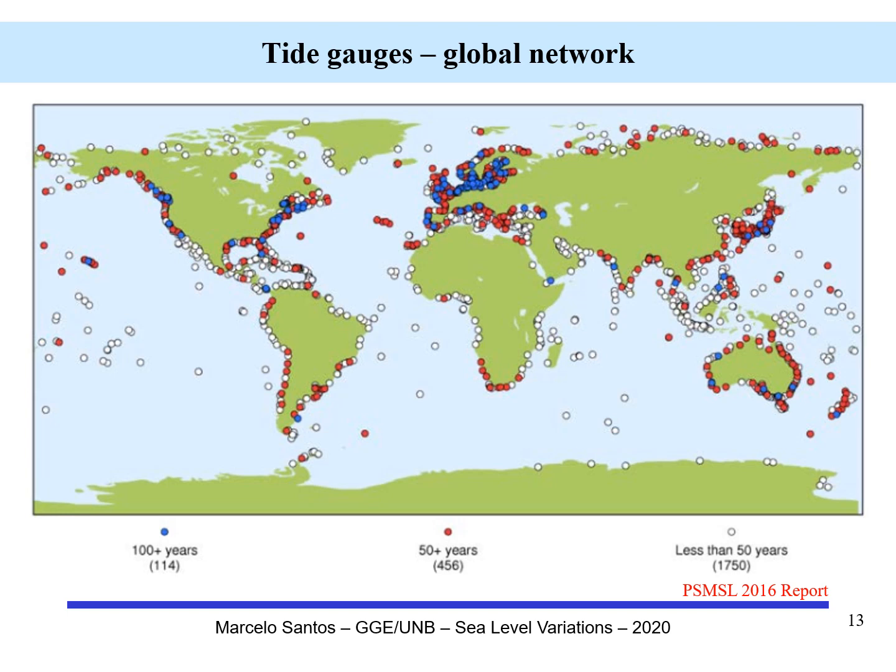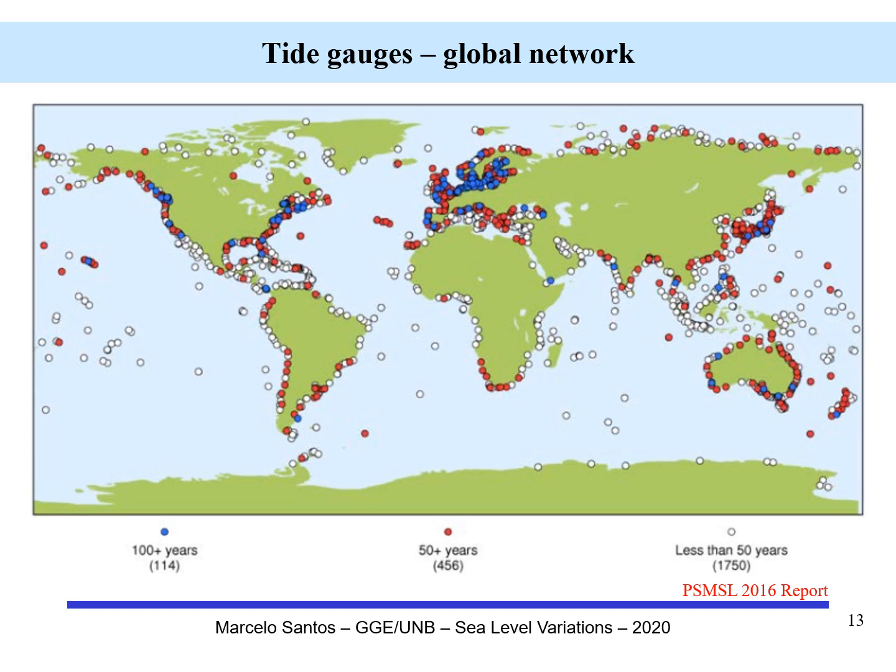Here we see the global network of tide gauges. Blue dots indicate the tide gauges 100 years or older. In red, the tide gauges 50 years and older, and white dots the newer tide gauges, which started operating 50 years ago to the present.